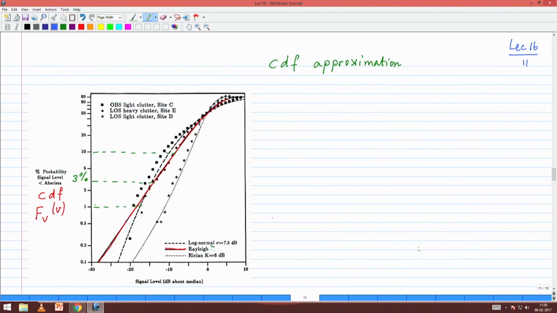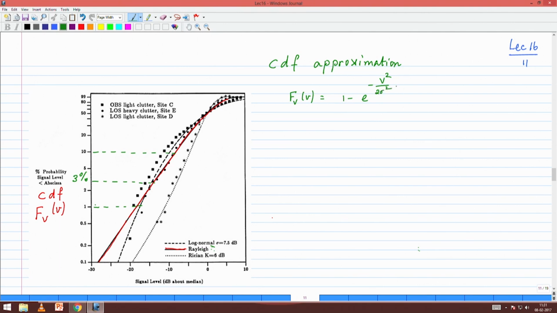Okay. Now, there is another very important element that comes out from the CDF, which I would like for us to highlight, and again work with that as we move forward. So the other element that we notice is that the cumulative distribution function, F_V(V), is given by 1 minus e power minus V squared by 2 sigma squared.